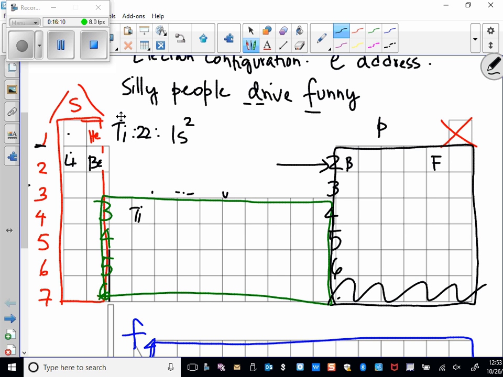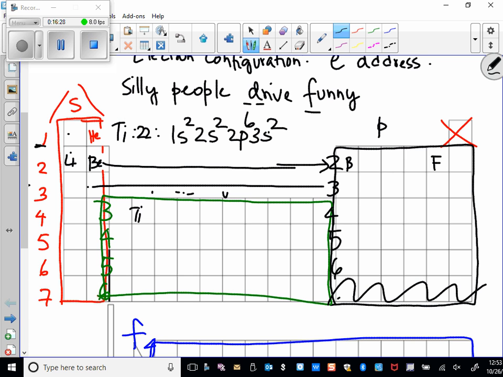What is the next? 2p, and how many there? 6. Where do I come back again? 3s2. What is the next thing after 3s? 3p6.